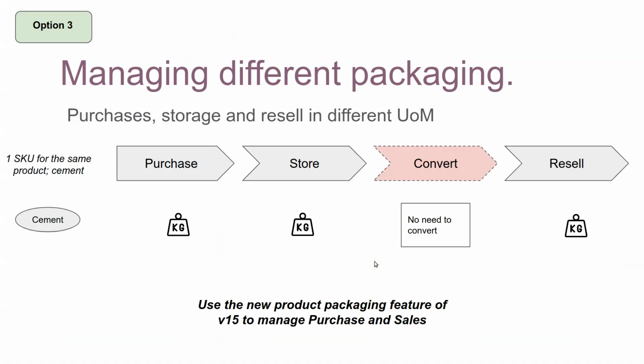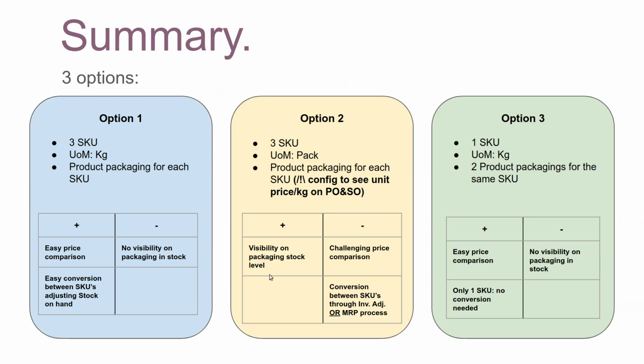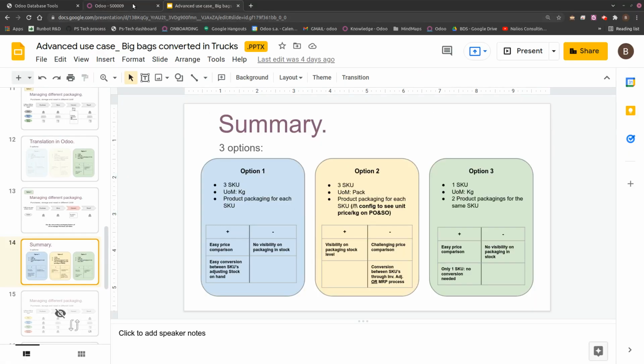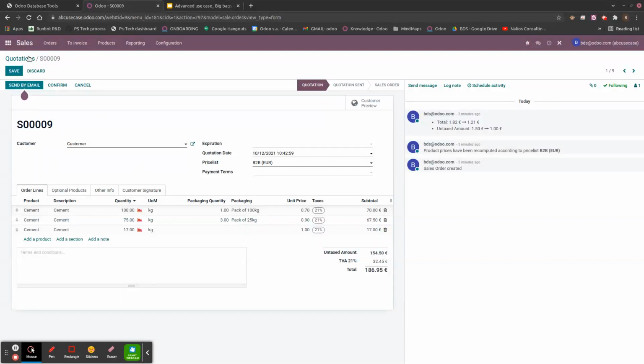In terms of flows, we would use kilograms for purchase, store, and resell, and we would use the new product packaging feature of V15 to manage purchase and sales. And of course, we would not need to convert from one SKU to the other because we only have one. So let's jump into the database to see how this could work.